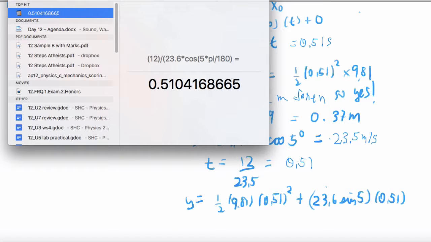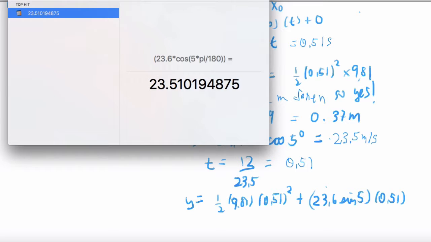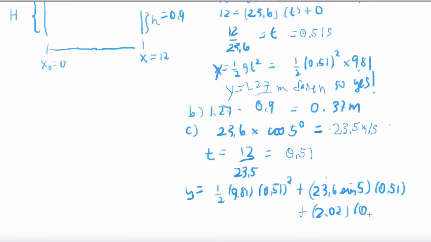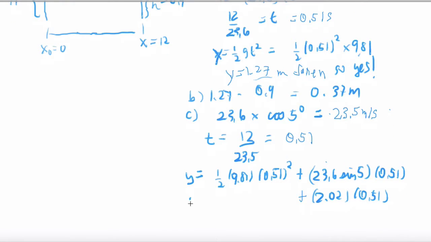So we have here 23.6 times the sine. So that's actually 2.02. And we times that by 0.51. y is 1/2 times 9.81 times 0.51 squared plus this extra part.